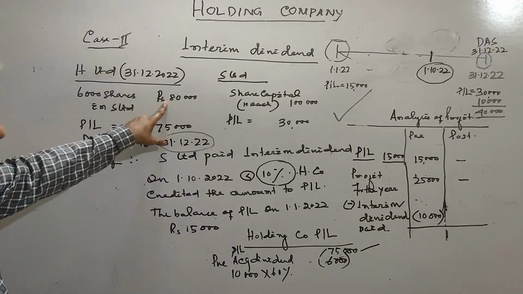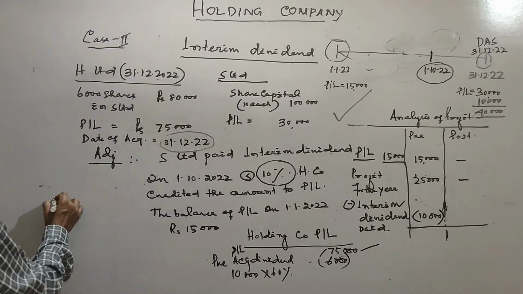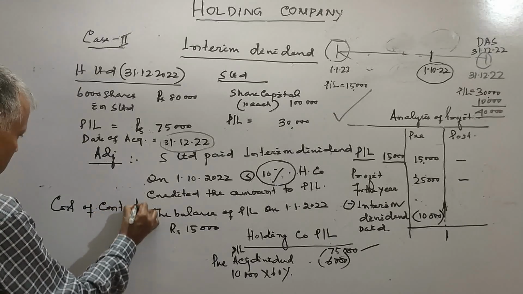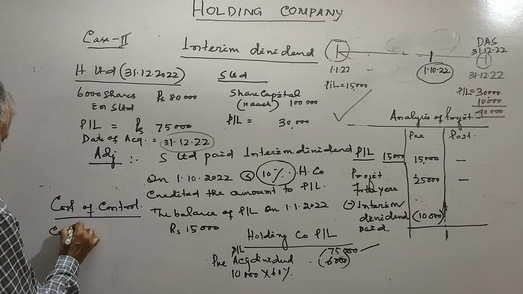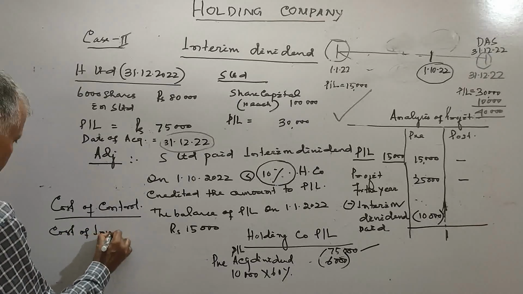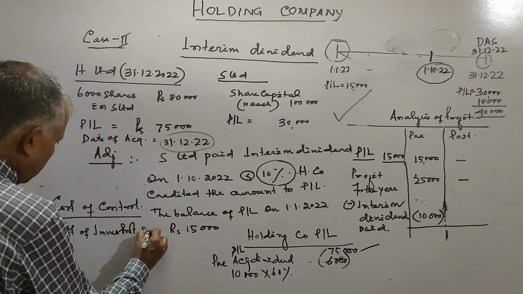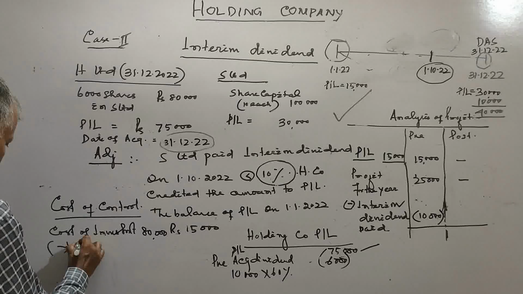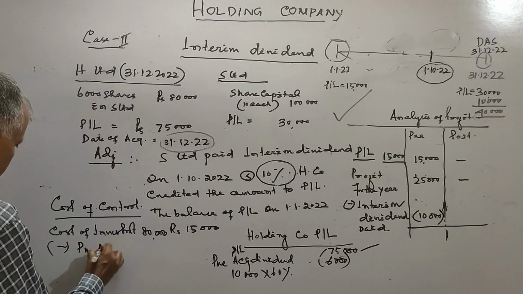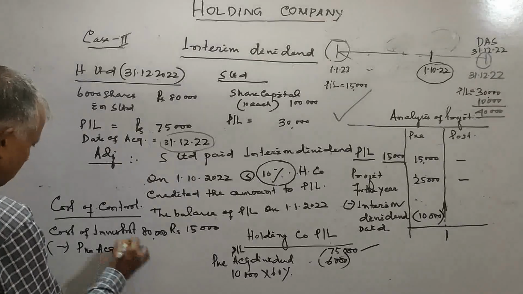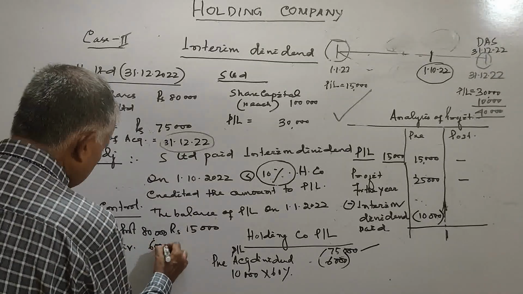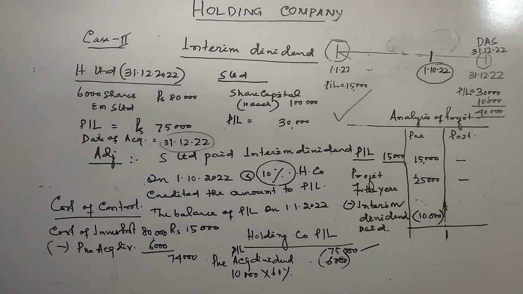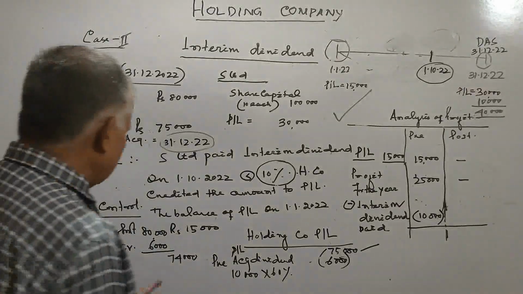Cost of investment is 80,000, less the pre-acquisition dividend wrongly credited to PL, that is 74,000, right? So this will be the treatment over here.